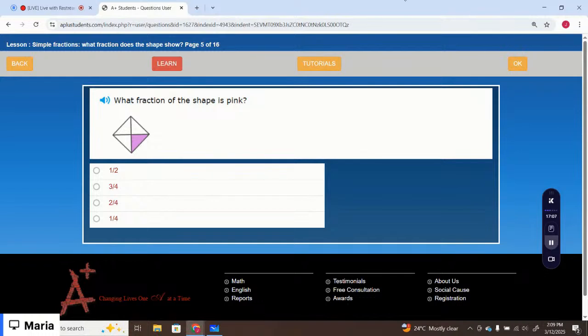That is 1 out of 4. The shape has a total of 4 equal parts. One of them is colored, so that is 1 out of 4.